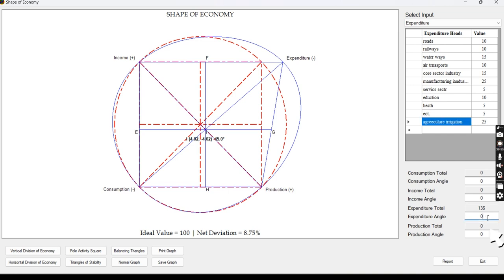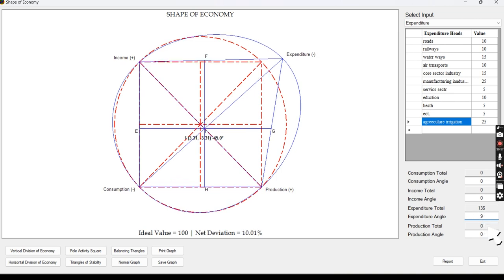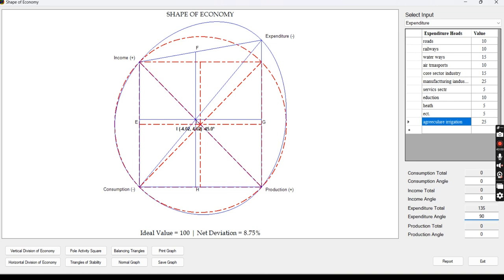I will put an input of 90 degrees, and immediately you will find that the blue line is increased vertically. Earlier it was horizontal, and now, due to the change in the angle, it is vertical.